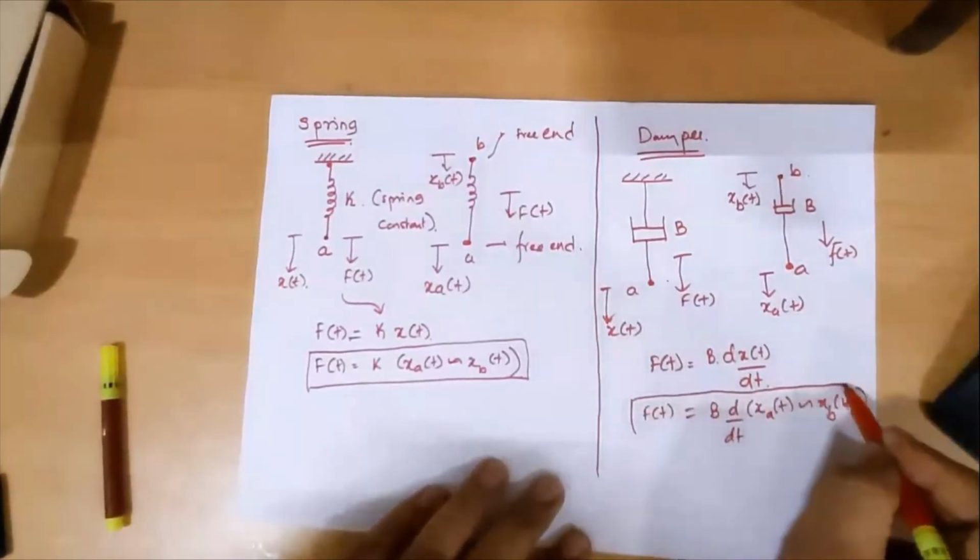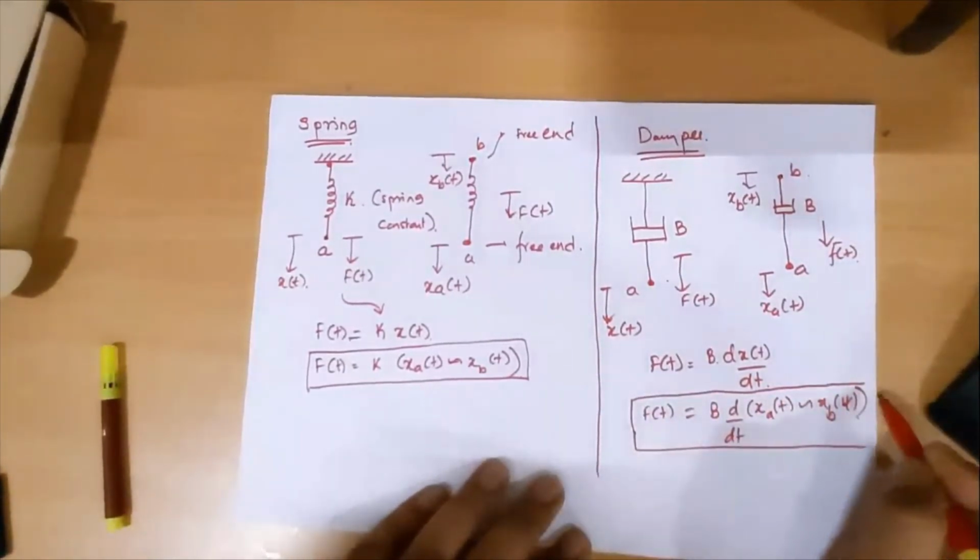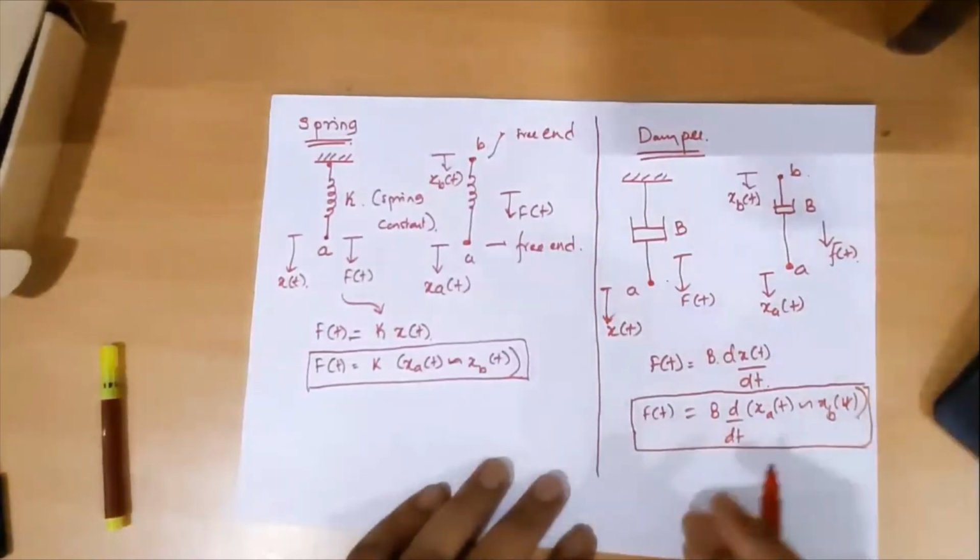So if you are holding a pen and a paper, just write down. For mass, it is f of t equal to m into d square x of t by dt square. For spring, it is f of t equals k into x of t. And put a hyphen and mention when one end is rigid, one end is free.